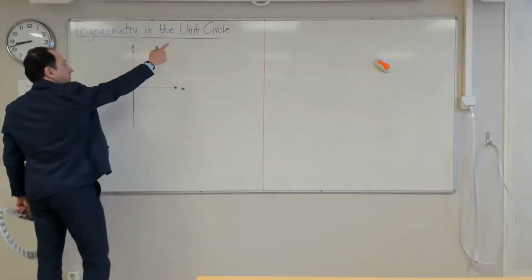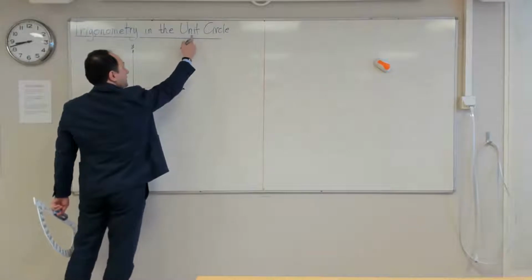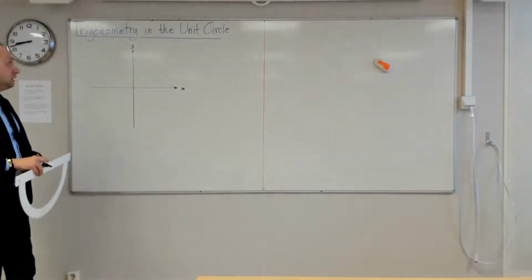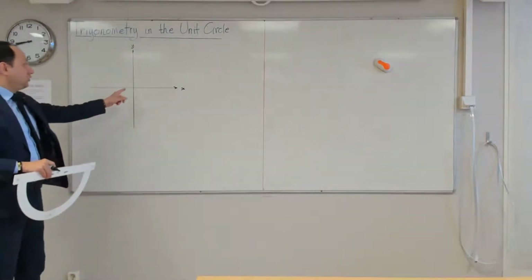The unit circle, it's clear from the name, its radius is one length unit, yes? And then the center is the origin.